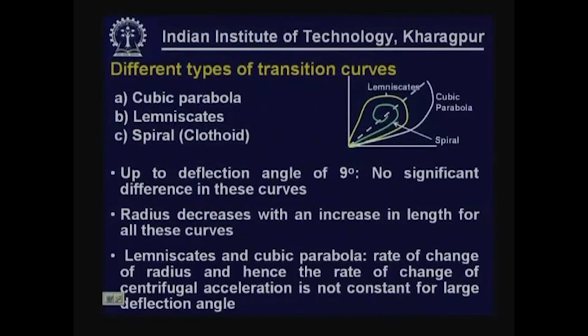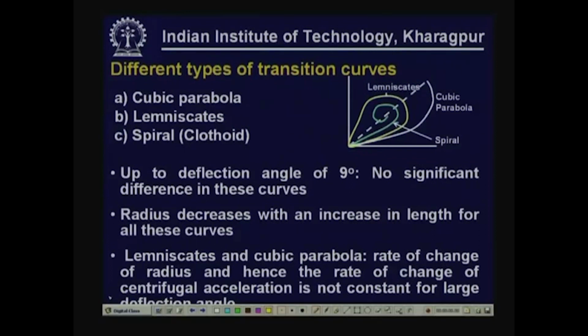Now, let us see different types of transition curve. You can see that the sketch shows different types of transition curve: a cubic parabola, and two other types of curve. The first type, the cubic parabola, is shown by the white line. The second type of transition curve is shown by the yellow line, and the spiral type transition curve is shown by the green line.